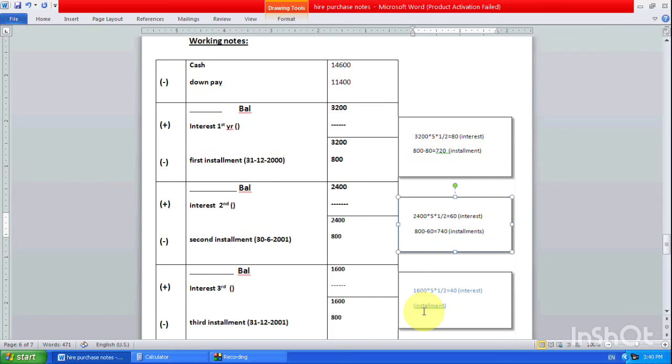Now the third installment calculation: 800 minus 40, 760 is the installment.